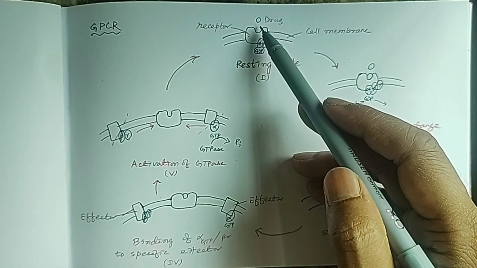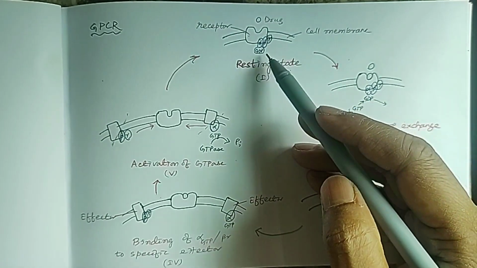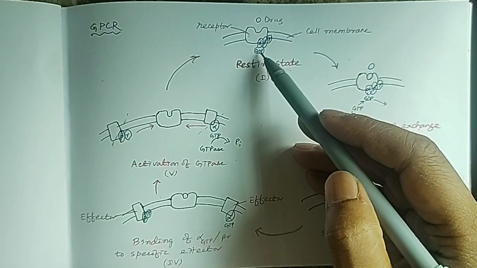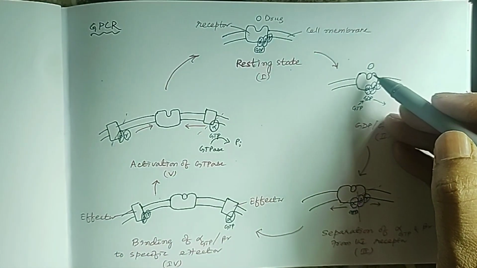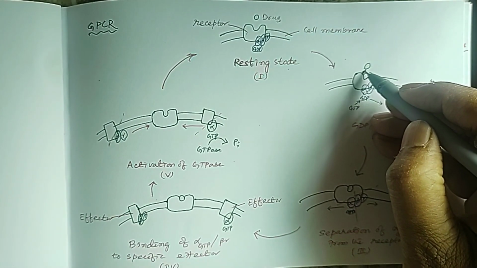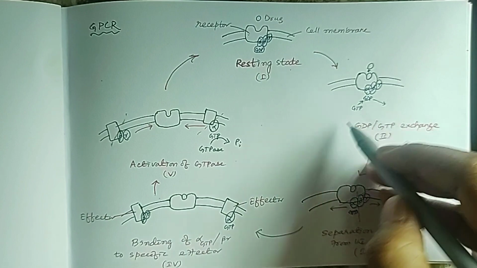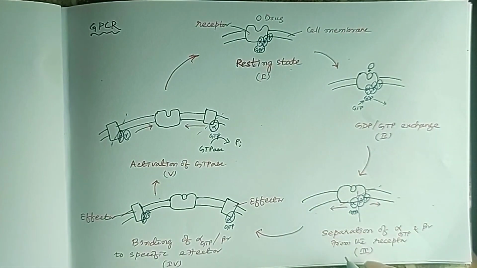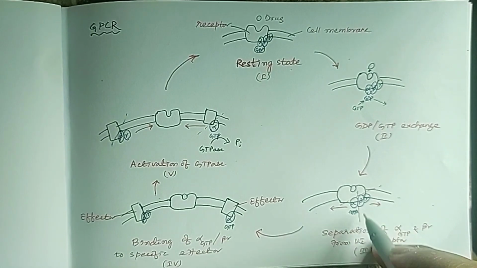In absence of the ligand or agonist, alpha GDP is there, alpha beta gamma, and GDP is bound to alpha. When the ligand binds to the receptor, GDP-GTP exchange occurs, and when it becomes alpha GTP, it is activated and gets separated from beta gamma and the receptor.